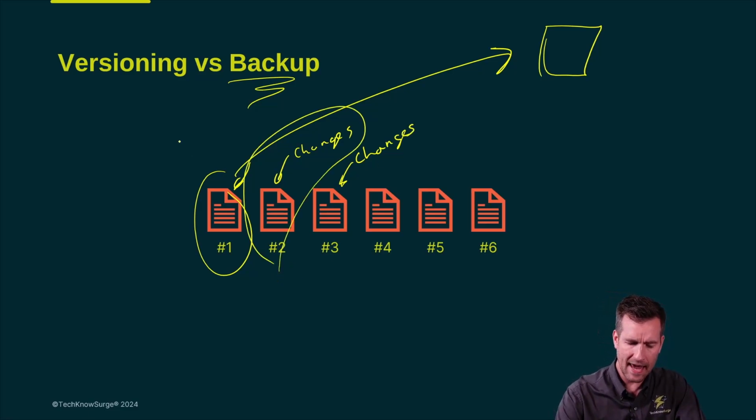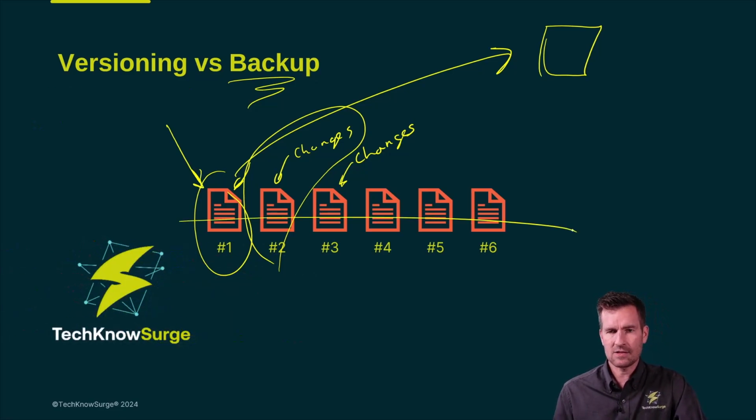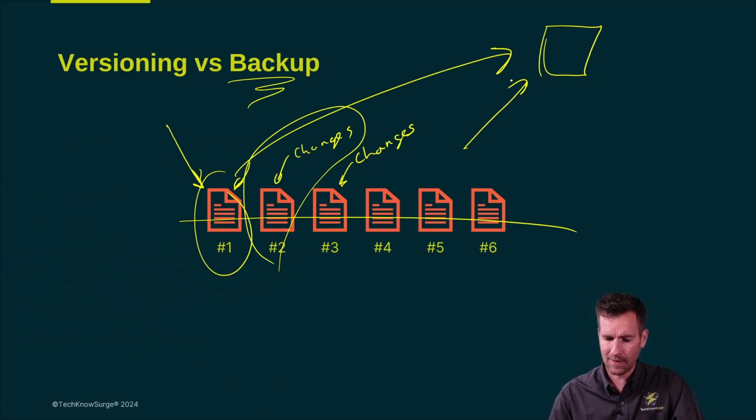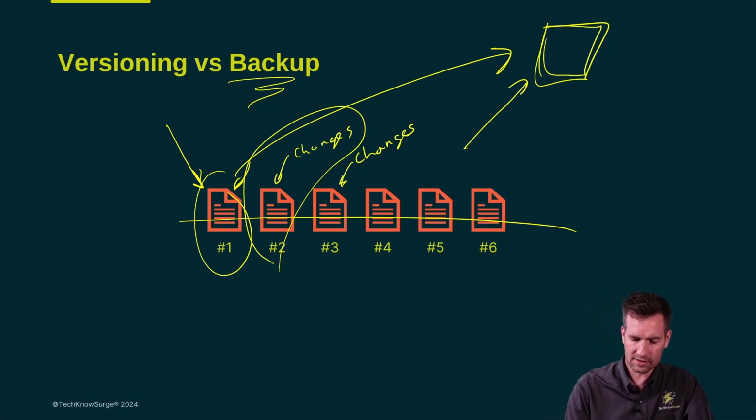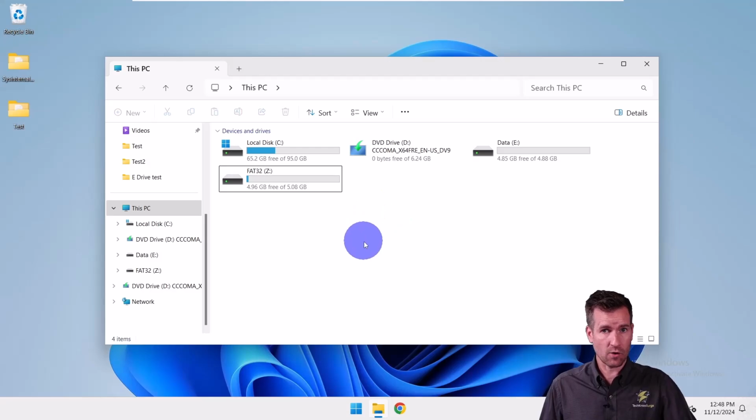If anything became corrupt with the original, then you would lose the document. And so even if we're doing versioning, we'd still want a backup copy that's set aside on a separate backup source, so that if there is any corruption that happens, we can still do a restore of the document. It's beyond the scope of this course to get into volume shadow copy.